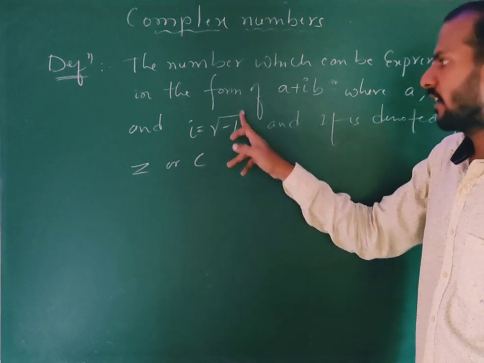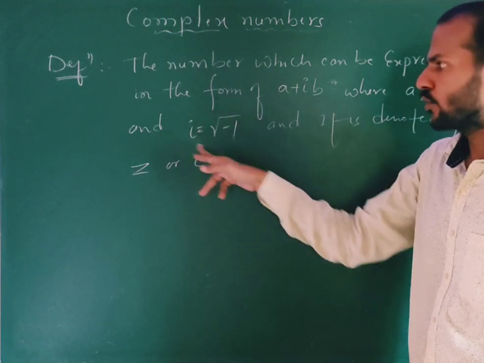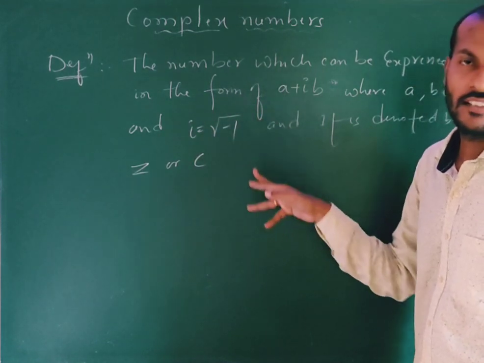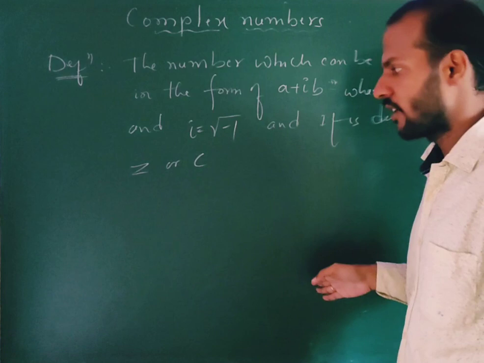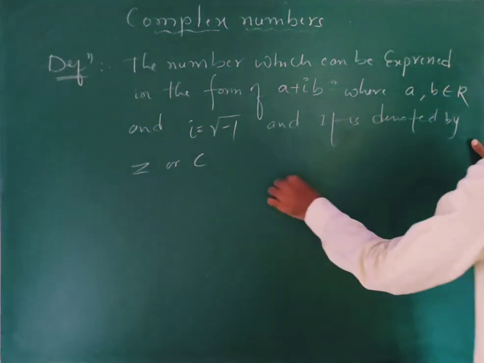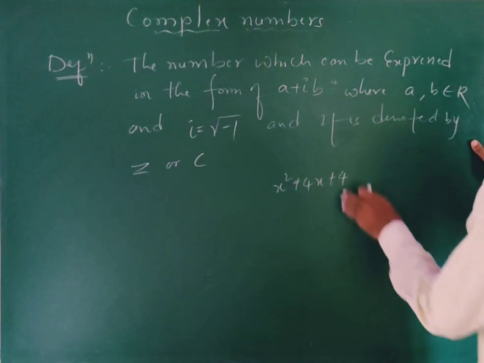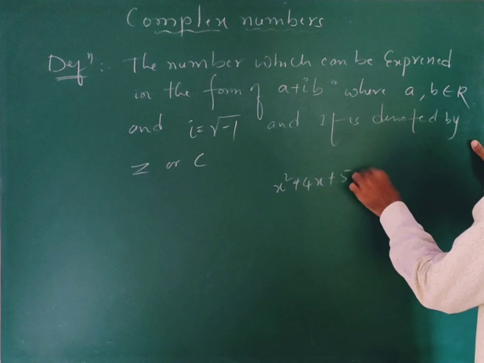Already I said, the scientist Euler introduced the iota value, that is i equals under root of minus 1. Earlier we solved the example x square plus 4x plus 5 equals to 0.